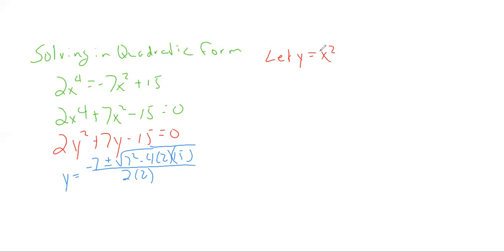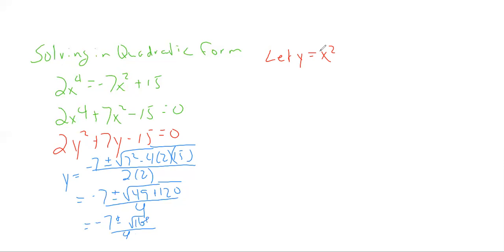Okay, so if I do that, I get negative 7 plus or minus the square root of 49 plus 120, all over 4, which will give me negative 7 plus or minus the square root of 169 over 4.